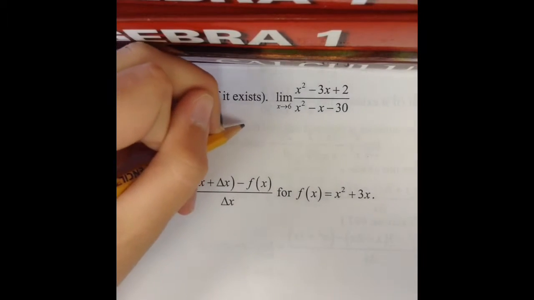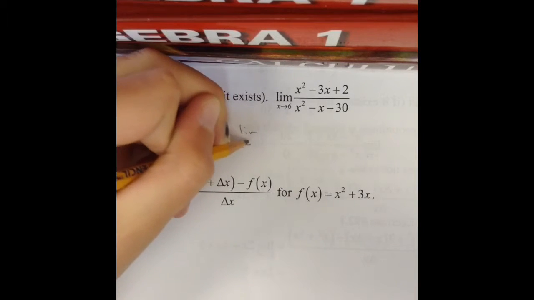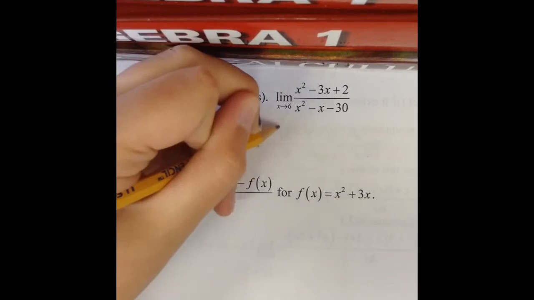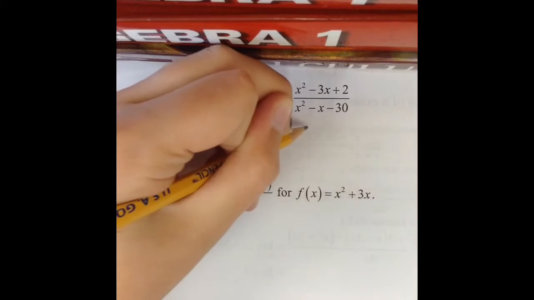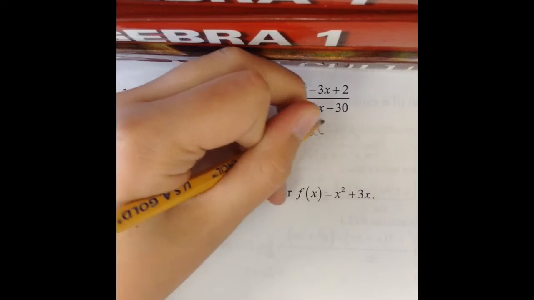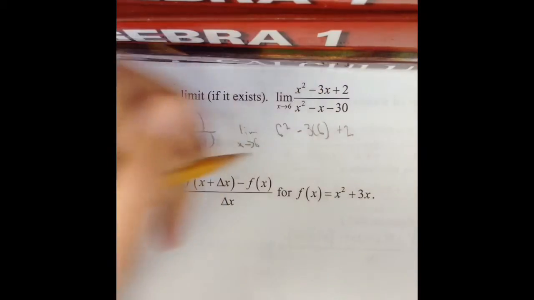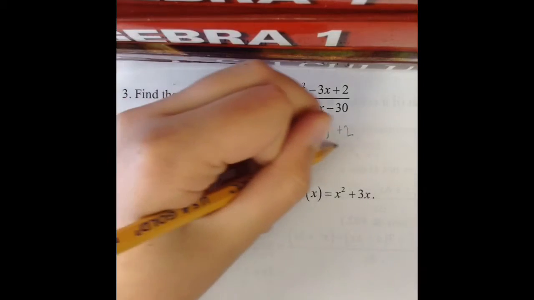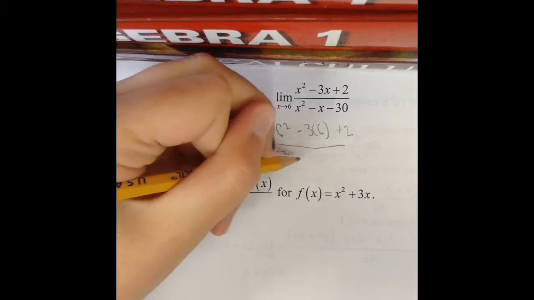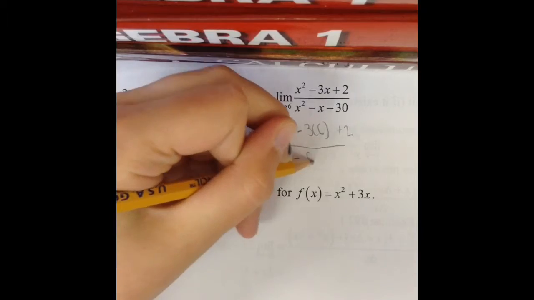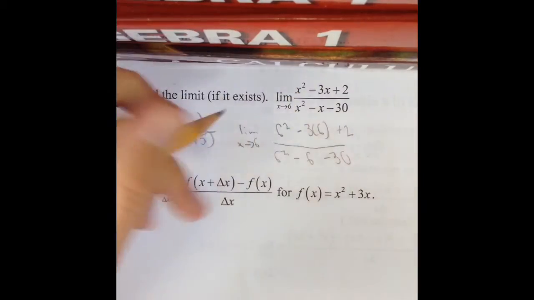And so let's try the limit as x goes towards 6 of 6 squared minus 3 times 6 plus 2 over 6 squared minus 6 minus 30.